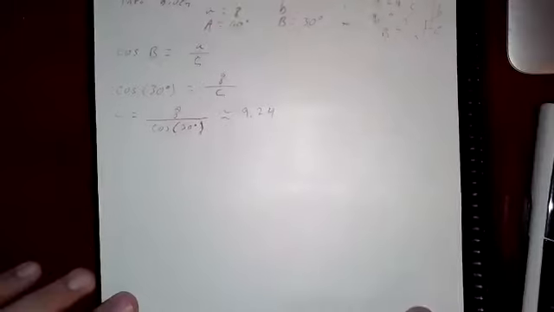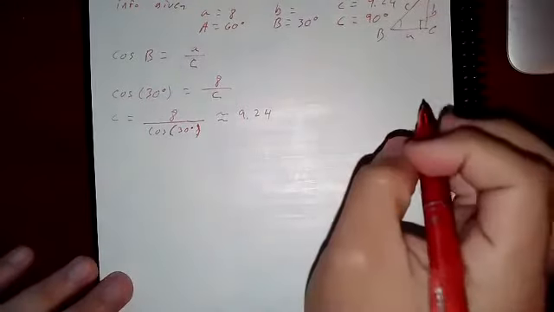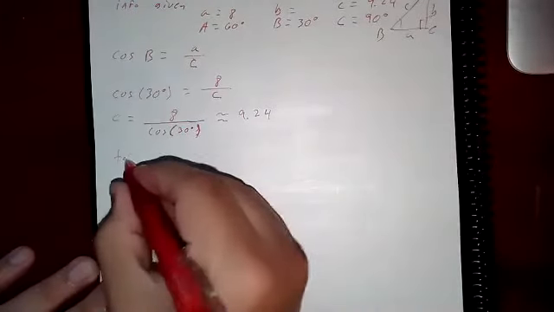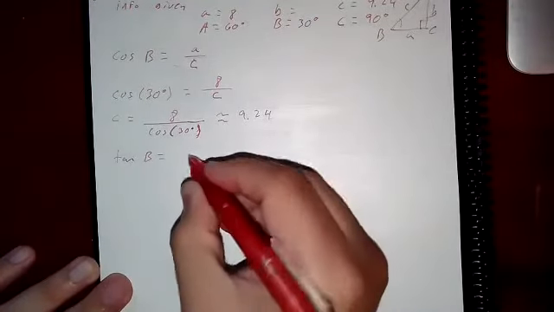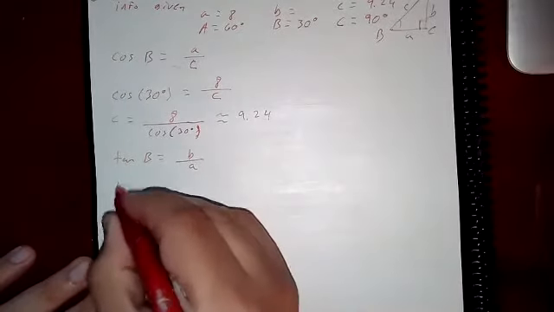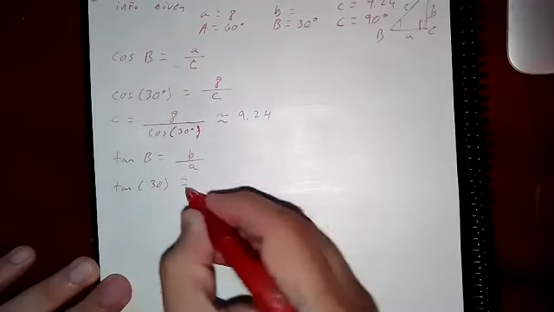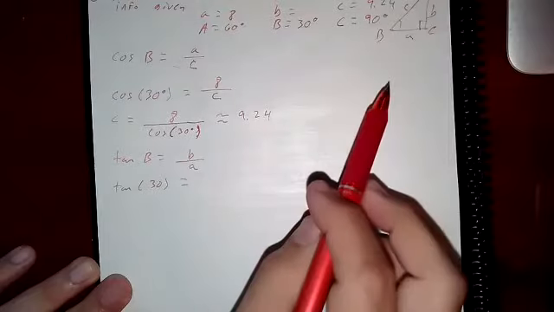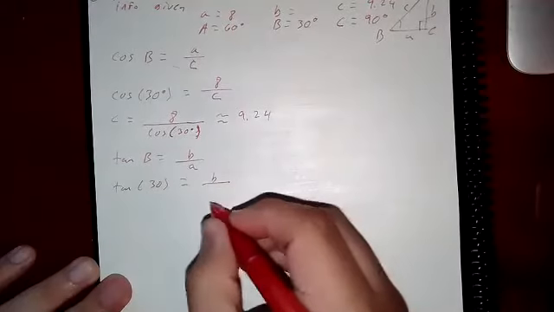Or you can also do Pythagorean theorem and find the missing piece, but it doesn't matter. So I'm going to use tangent of B. That would be equal to opposite over adjacent, which means that tangent of 30 is equal to B over A. So we don't know B, but we do know A is 8.